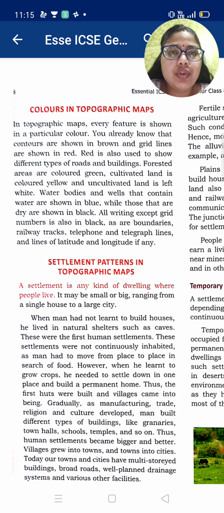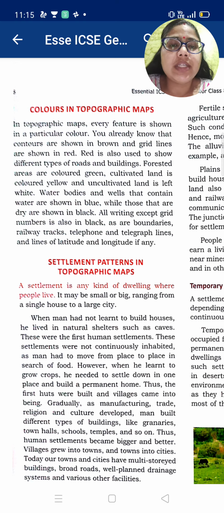Okay, so red color is not only used for the grid lines, but also to show your roads and your buildings. Then forested areas are shown in green color. Okay, so it's the covering of trees that is shown in green color.